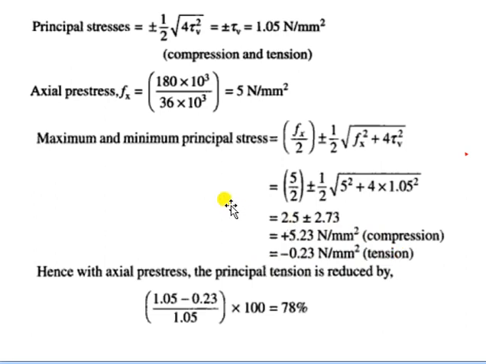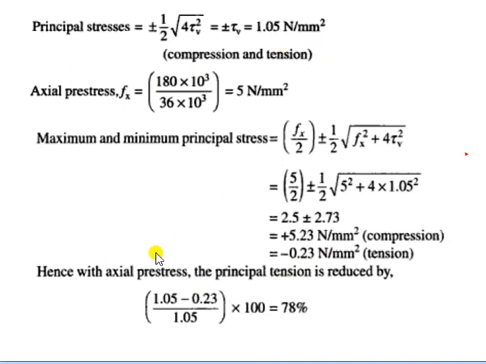So the maximum stress developed in the beam or a member is plus 5.23 Newton per mm square, and minimum stress developed is 0.23 Newton per mm square. Hence, with axial pre-stress, the principal tension is reduced. 1.05 is the principal stress without axial pre-stressing, and 0.23 is the stress induced in the member with pre-stressing.